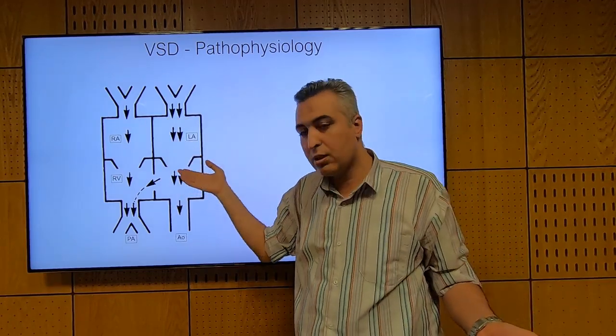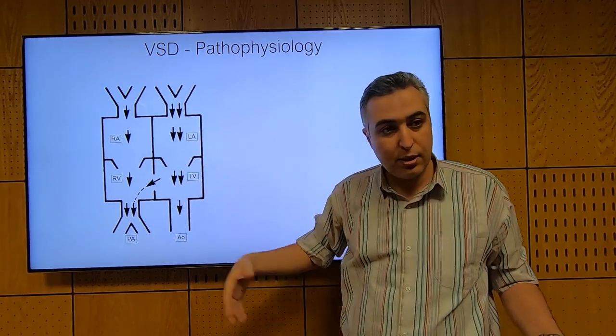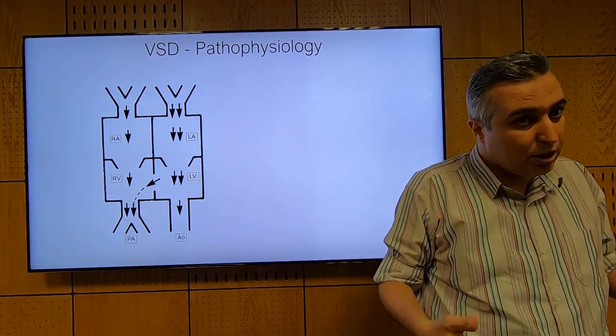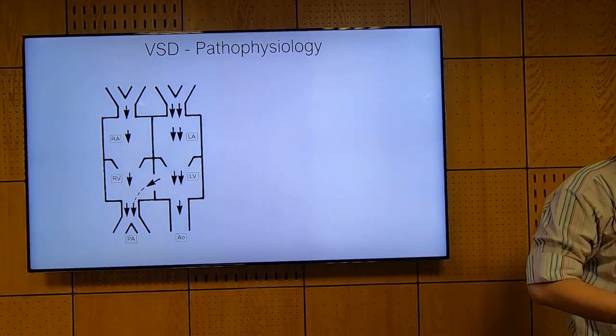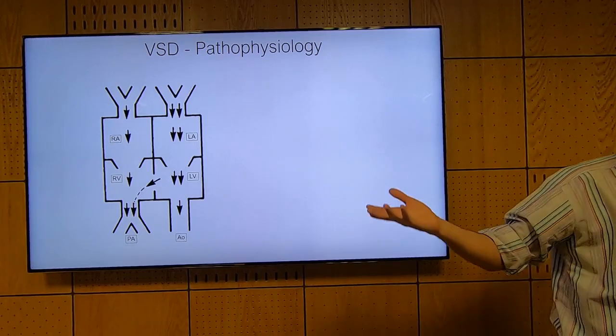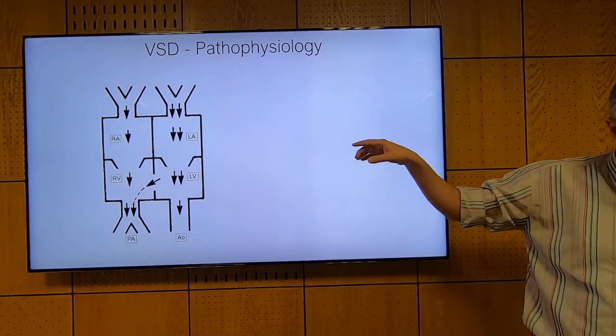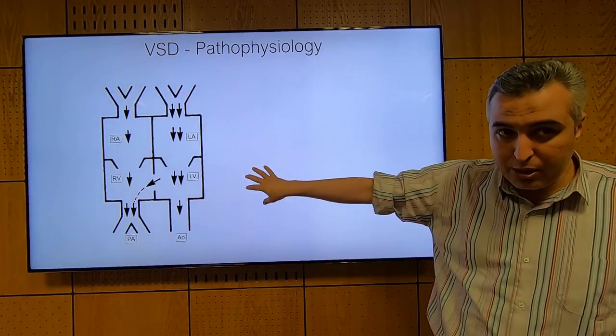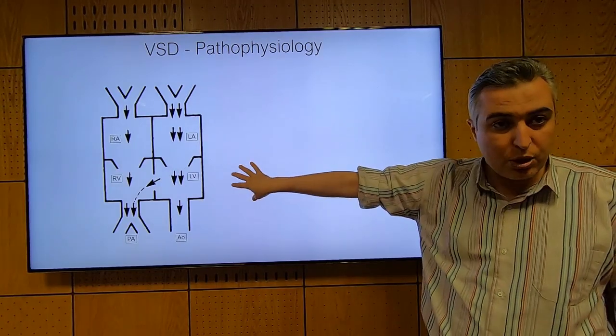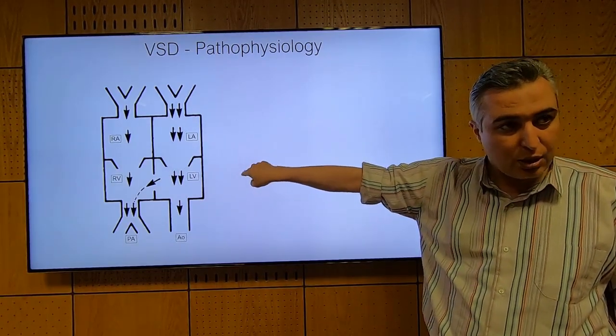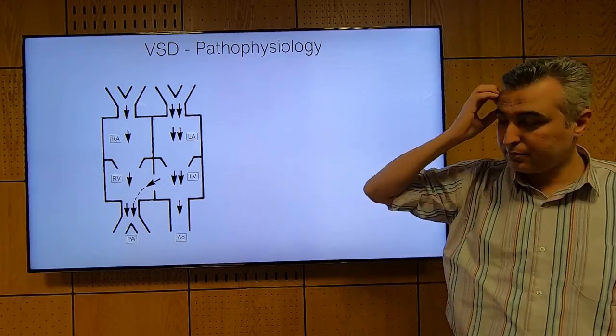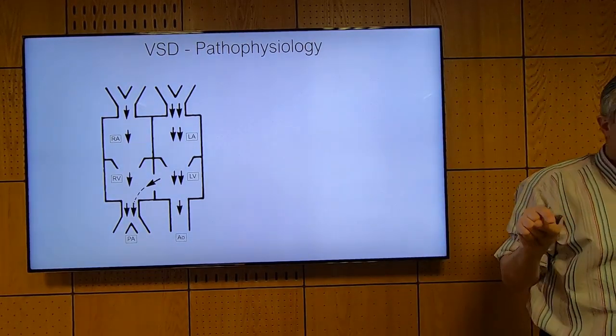So diastolic flow into the left ventricle is higher. And this blood actually stays in the left ventricle long enough during diastole, because the flow across the VSD is mainly systolic. So during diastole, you get a long enough period for the higher volume to stretch the wall of the left ventricle so it dilates. What about systole?